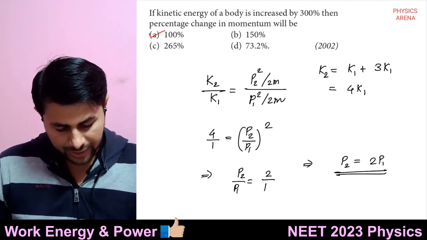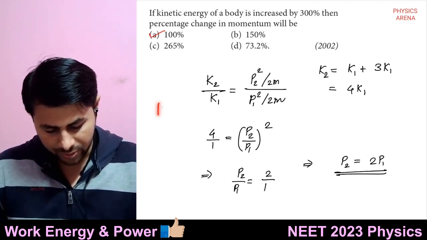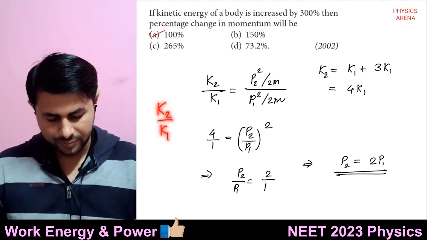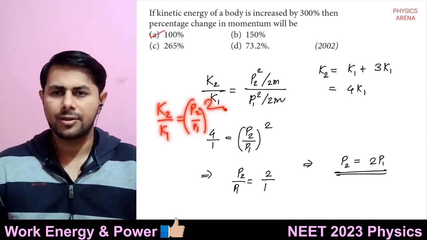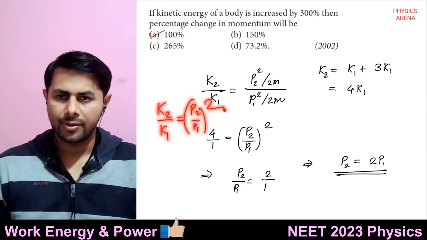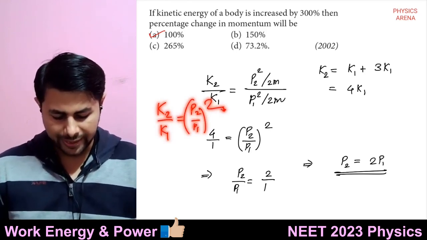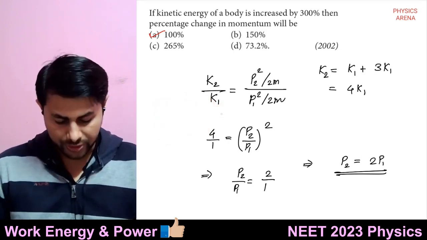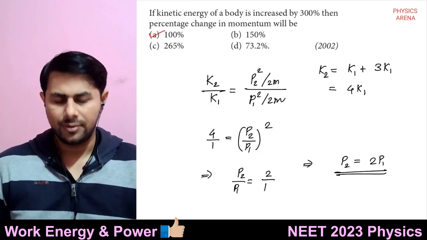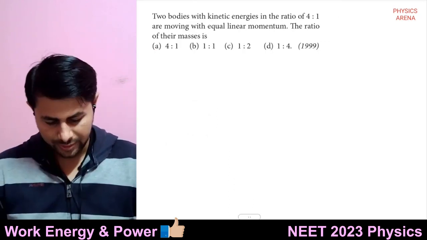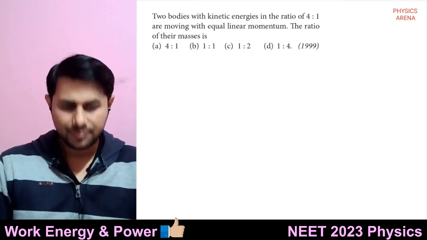So you can directly write down K2 by K1 is equal to what? P2 by P1 square. And then you can put K2 upon K1 equals 4 is to 1. So P2 by P1 is equal to 2 is to 1. The problem solved. Let's move on to the next problem.